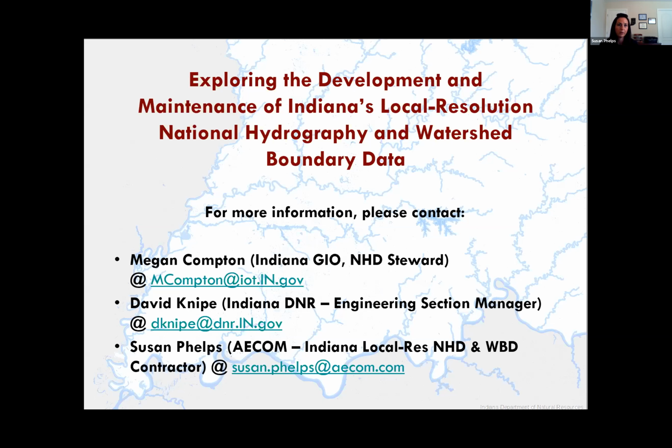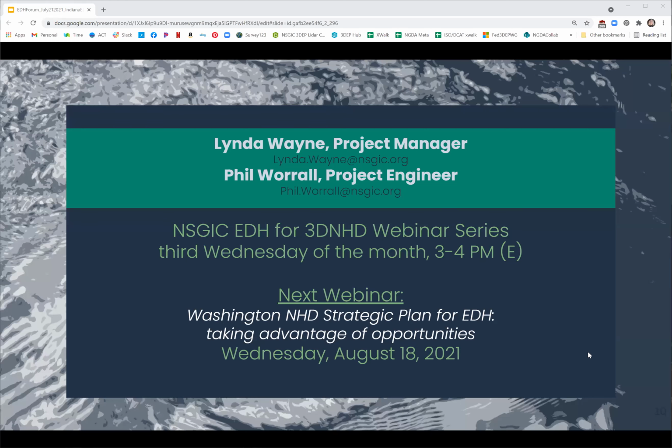It was already whatever had already been approved and was in the 24K. And I'll let Phil take over from here. Well, the story map that Megan just showed is actually our tool to collect local input, to get new names for all these new streams that were never on the NHD to begin with.